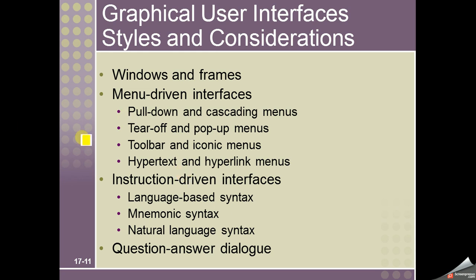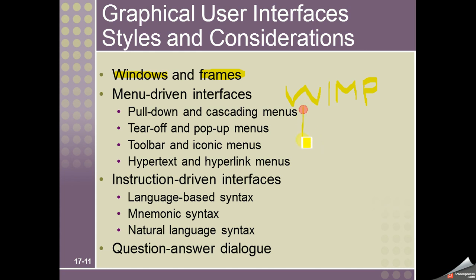The most common graphical user interface style is windows for the desktop system or frames for the web-based system, what we call WIMP. I'm sure you have studied this in the HCI course. So WIMP is the most commonly used type of interface nowadays.